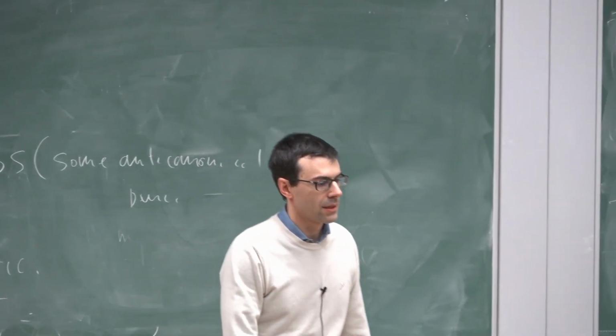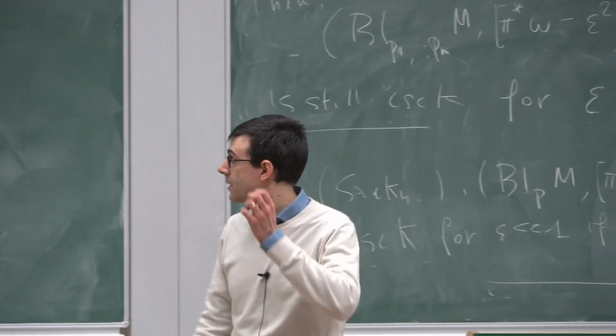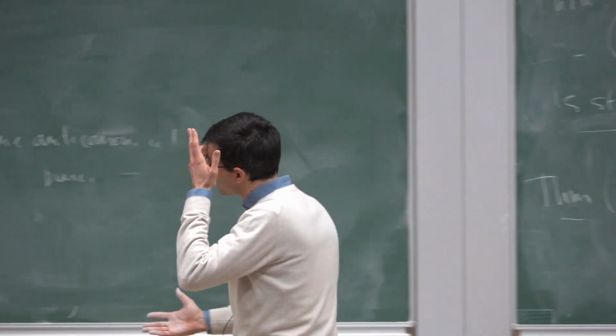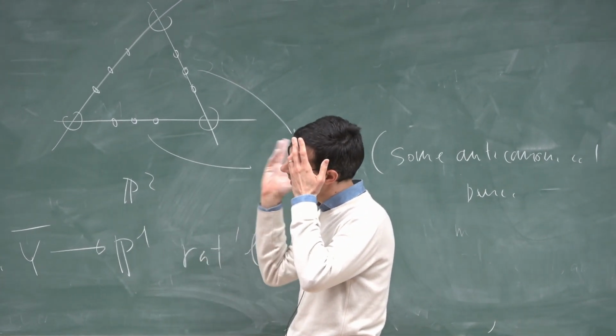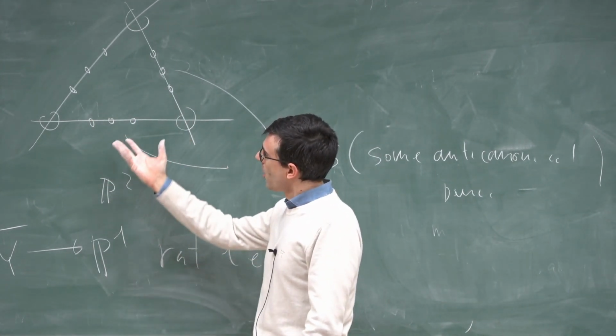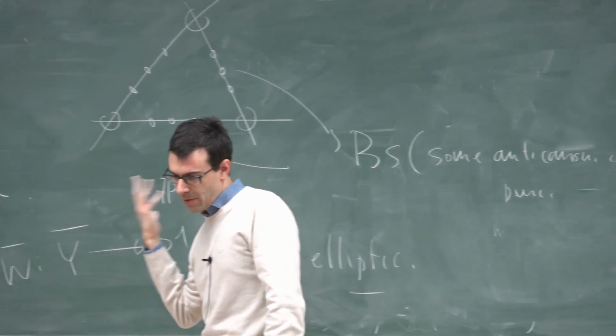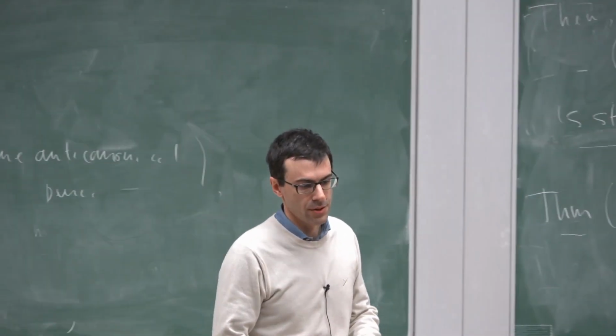And also, work in progress, it can be shown in many other cases. It's just an example. One way to do it is to use deformation theory plus blowing up, because that's what you need to do, blow up these points to land inside some space of K-stable rational elliptic surfaces.